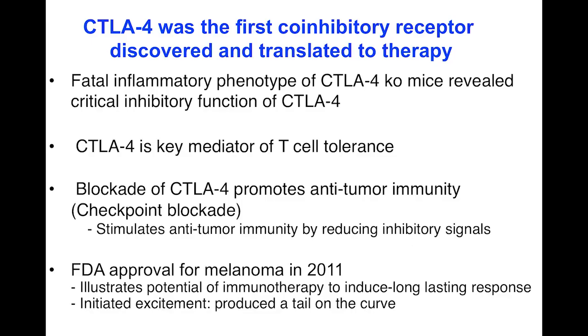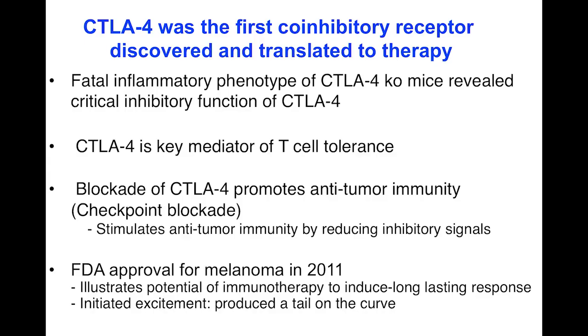So to summarize then, CTLA-4 was the first co-inhibitory receptor discovered and translated to therapy. The fatal inflammatory phenotype of the CTLA-4 knockout revealed the critical inhibitory function of CTLA-4 and led to further work that demonstrated that CTLA-4 is a key mediator of T-cell tolerance and prevention of autoimmunity.